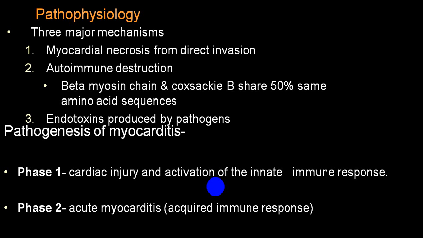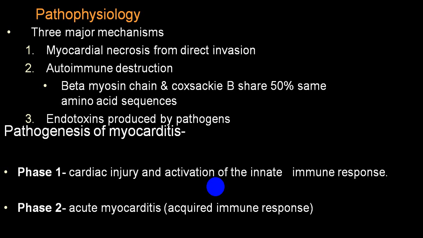In the case of autoimmune destruction, secondary to immune complex formation, it will release chemical mediators which will produce inflammation and destruction of the myocardial cell. Or it can be because of production of endotoxins by different pathogens. In the case of toxic damage, the direct effect of drugs or toxic material can produce direct damage to the myocardial cell.